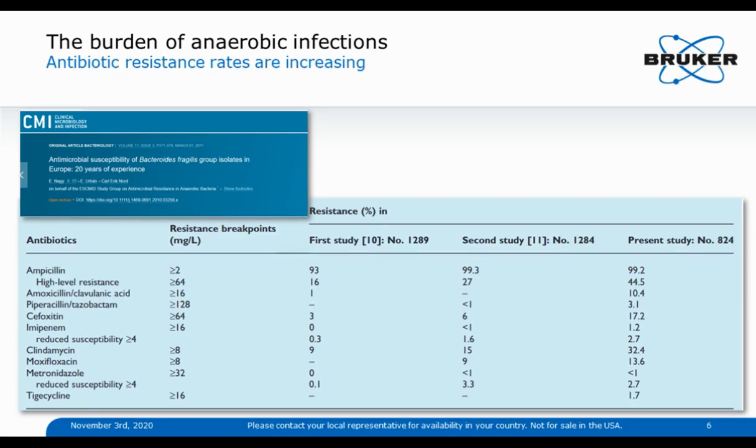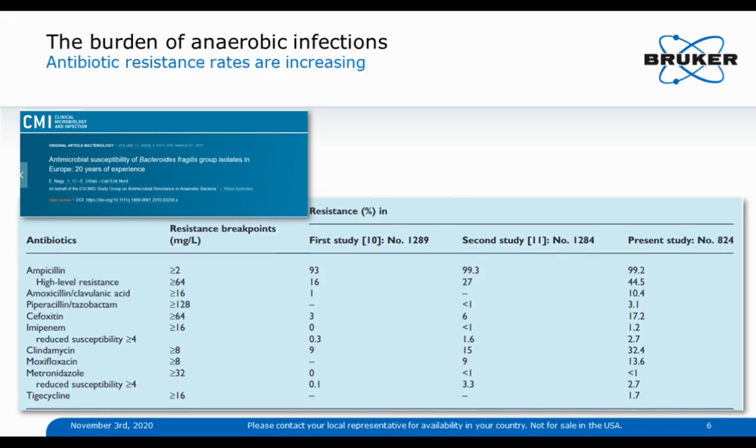Another side of the burden of anaerobic infections regards the antibiotic resistance rates. In this slide, I reported the results of the study performed by Professor Nagy and the Schmidt study group for anaerobes, in which the authors compared the resistance rates reported in 3 different studies performed over a 20-year period of time.